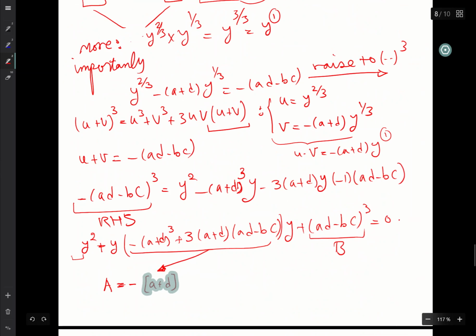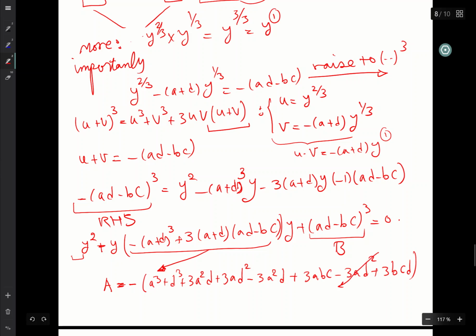We can just factor out the negative here: a cubed plus d cubed plus 3a squared d plus 3a d squared, minus 3a squared d plus 3abc minus 3a d squared plus 3bcd.